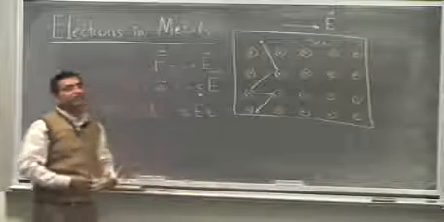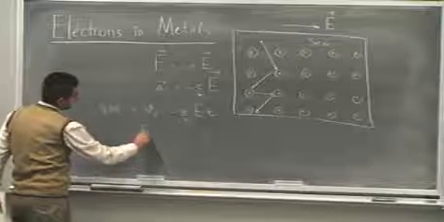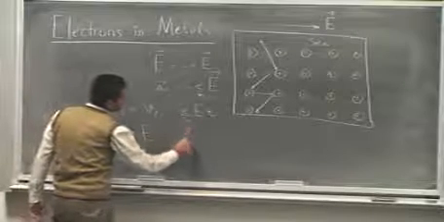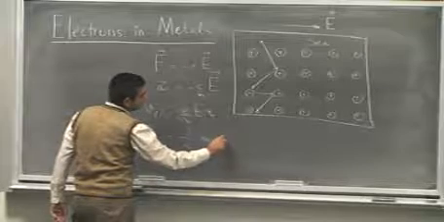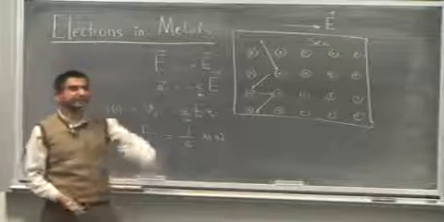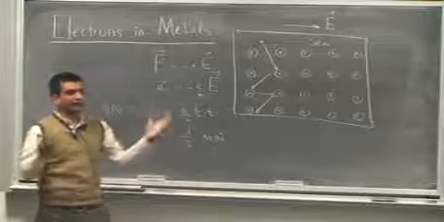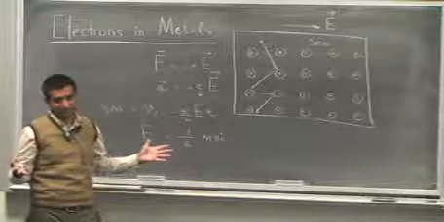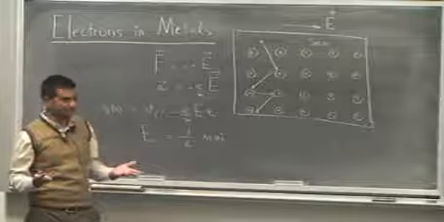So the velocity keeps on increasing continuously, and the energy as a result, which is the kinetic energy, is half m v squared. Now v is a function of time. Since the speed is increasing continuously, the energy keeps on increasing continuously, and there is nothing quantum about it. So this is our classical picture of conduction inside a metal.